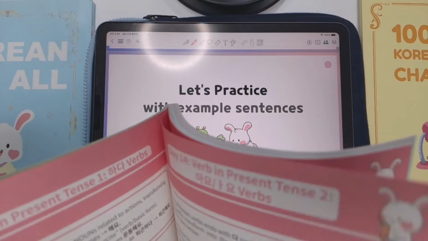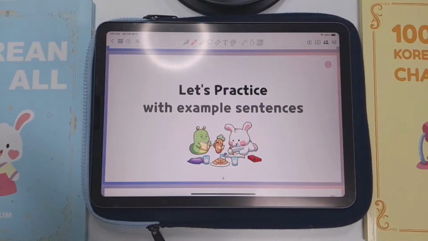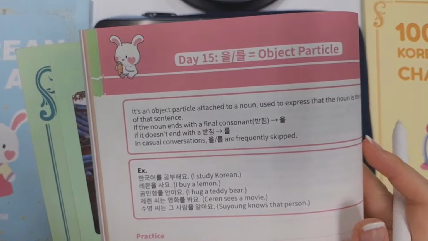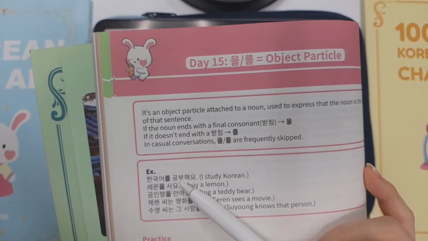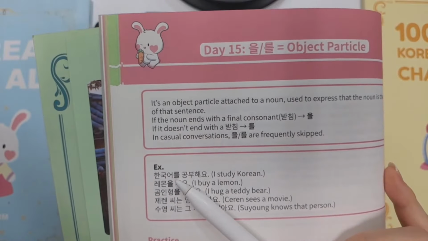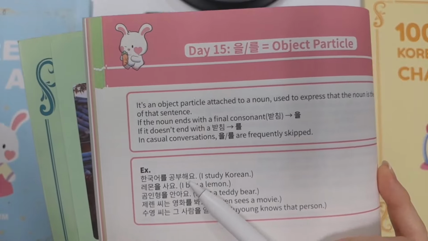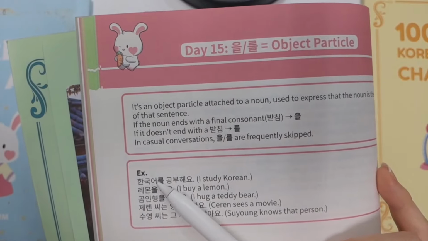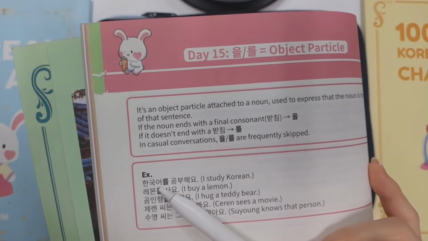Bring your textbook again and please open our book to page 26. Yes, here are some example sentences. Look at this one. The first one, can we read it together? 한국어를 공부해요. Here is a noun, 한국어, which means Korean.